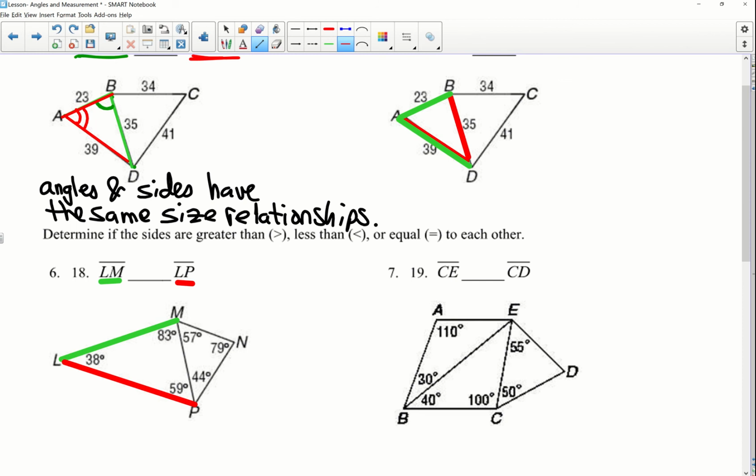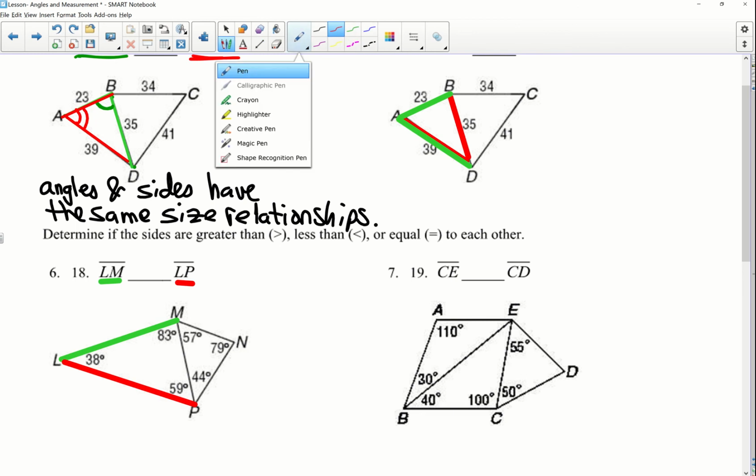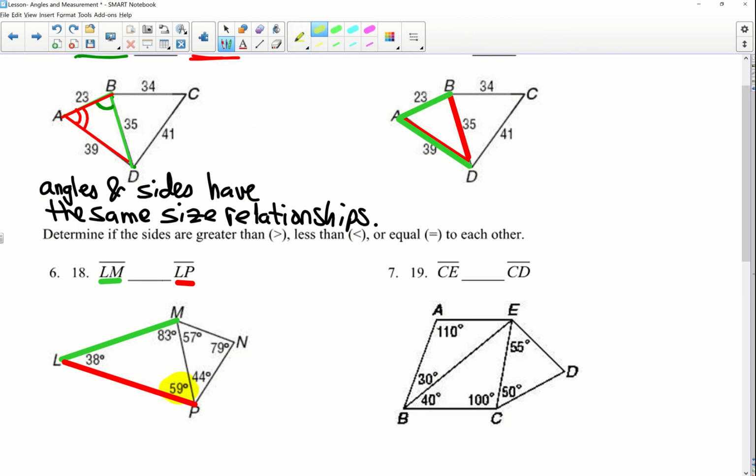If you have to open an angle up to get to the green side, it would have to be that 59-degree angle. That's the one that opens up onto that bad boy.